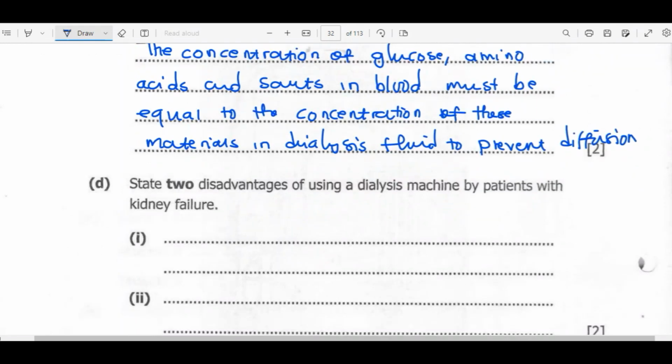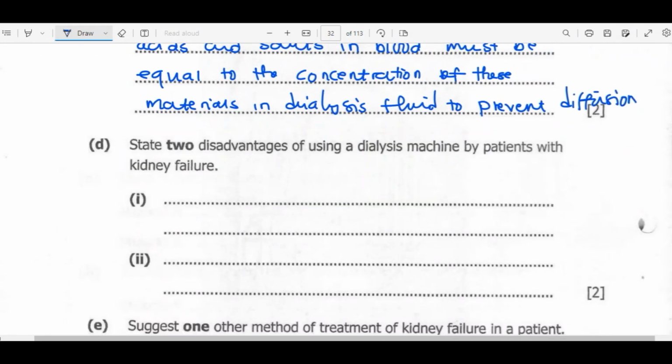Then we move on to question D. State two disadvantages of using a dialysis machine by patients with kidney failure. So we are comparing this to a normal person. The first one, like we said, is that it is time consuming. You can imagine you have to be connected for 8 hours. Apart from that, it is expensive. A normal person shouldn't pay to urinate, but for this one you need to pay.